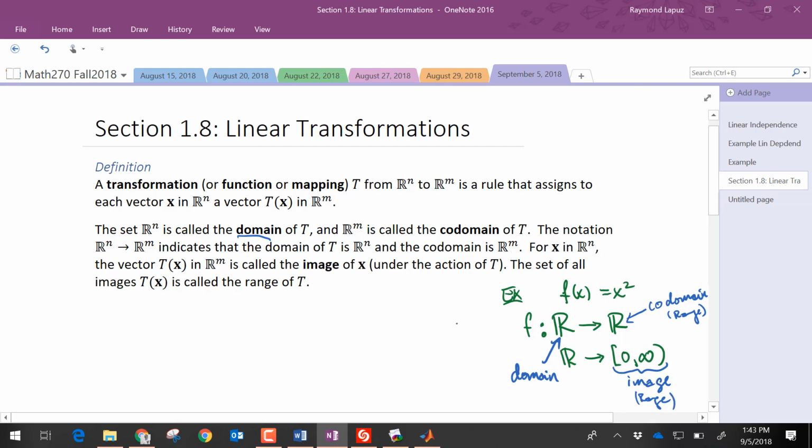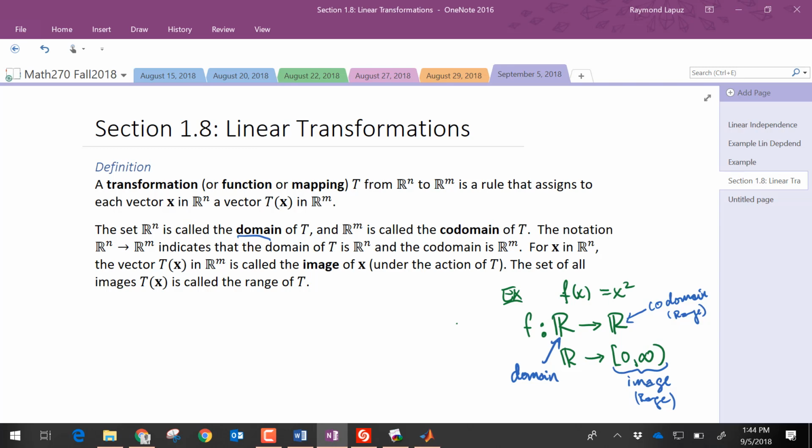But in any case, our image is the exact values that get hit by something in the domain. And everything else that doesn't get hit, including those that do get hit, is going to be our codomain. Okay? You see the difference between codomain and image? Yeah. All right.